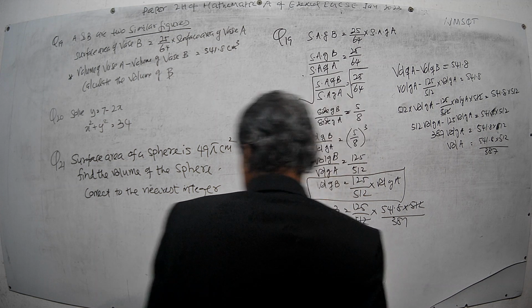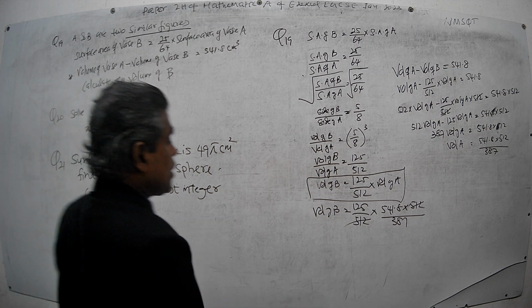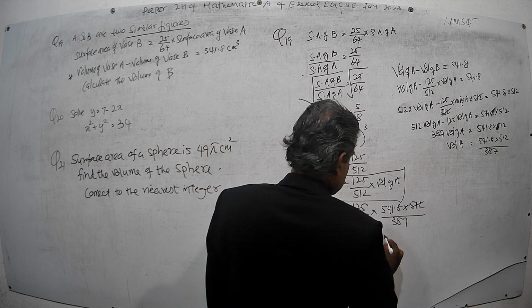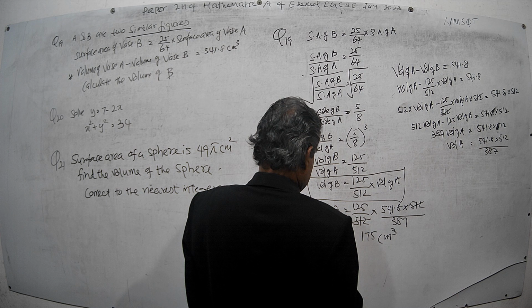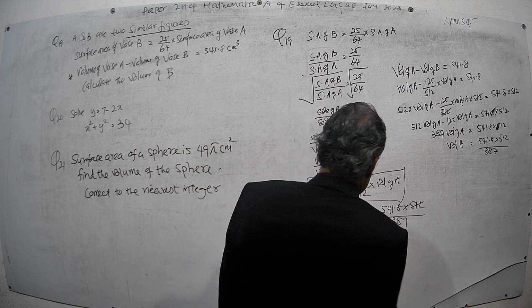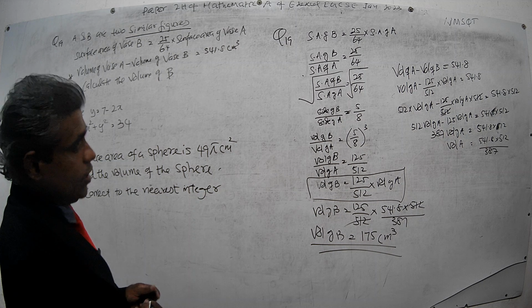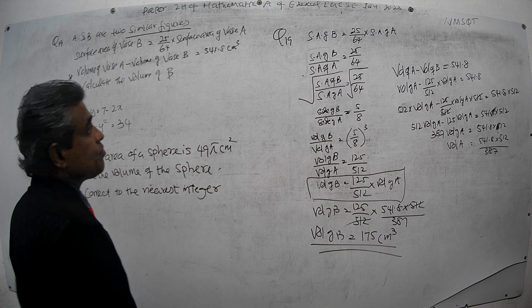Answer is 175. 175 cubic centimeters is the volume of B. Okay. That is the answer. Question 19. Okay. Now we are moving on to question 20.